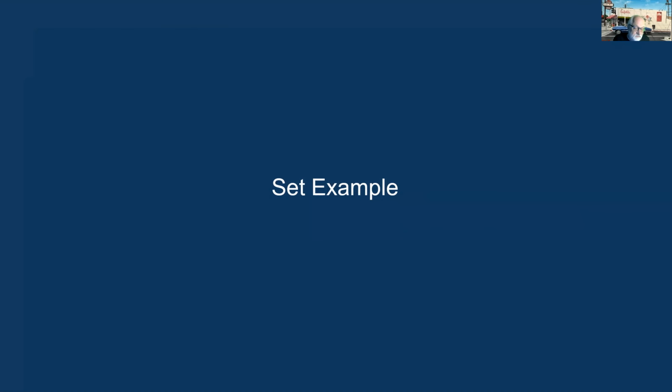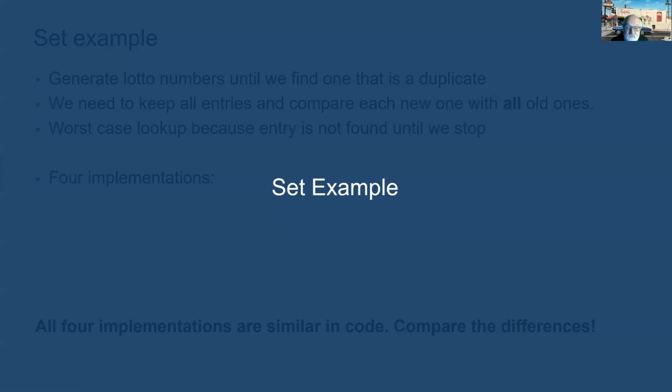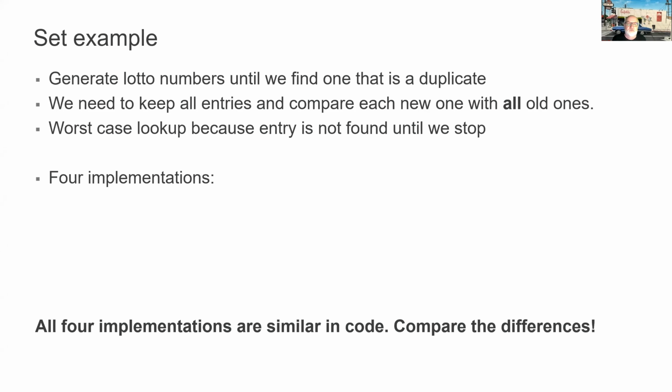So I wrote, a long time ago, maybe you've seen it, an example for a set where we can compare different methods of looking up if something exists in a collection. The example is we generate Lotto numbers until we find one that we already generated earlier in that same run.